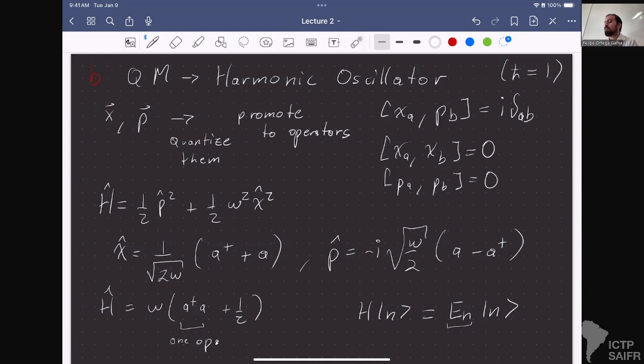You just impose these commutation relations. In principle, there's something called the Schrödinger picture of quantum mechanics and the Heisenberg picture of quantum mechanics. And that's something that I'm actually going to mention in a couple minutes. But the idea is that you can either have the states have time dependence or the operators have time dependence. So typically in quantum mechanics, we let the states have the time dependence, and so the operators are time independent.